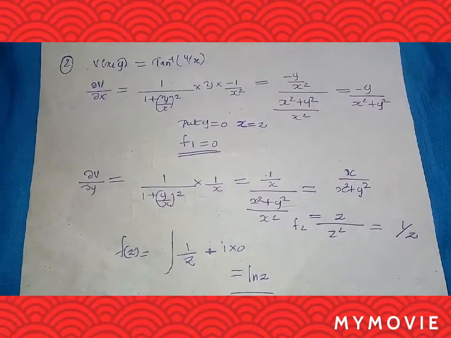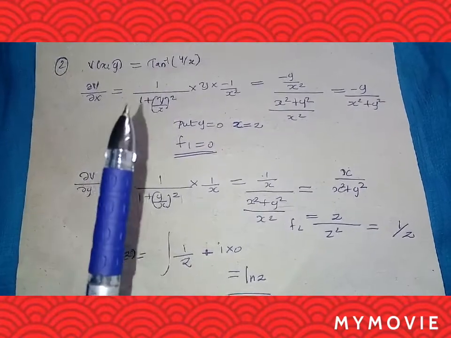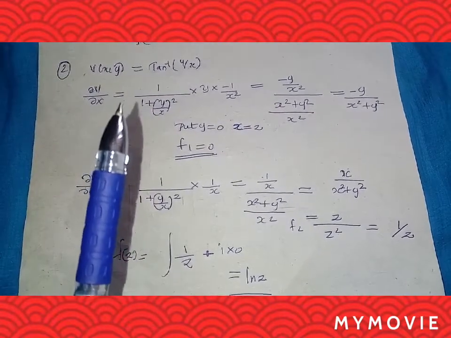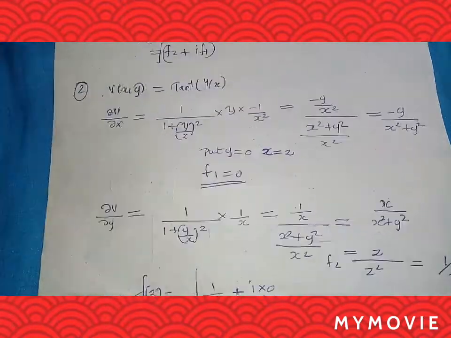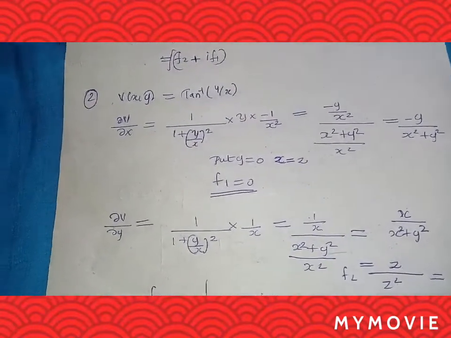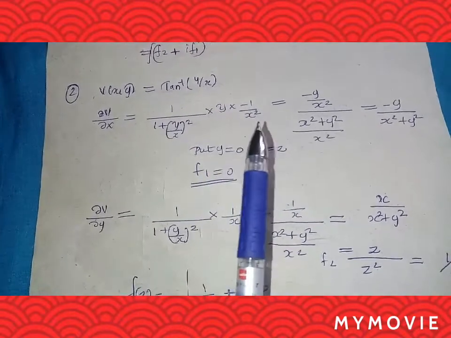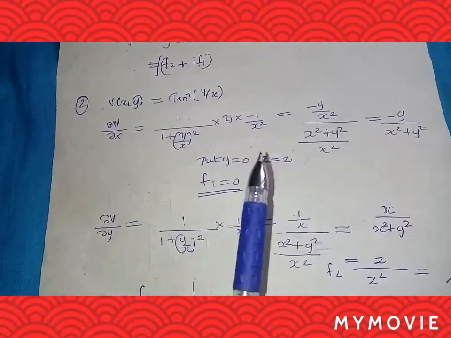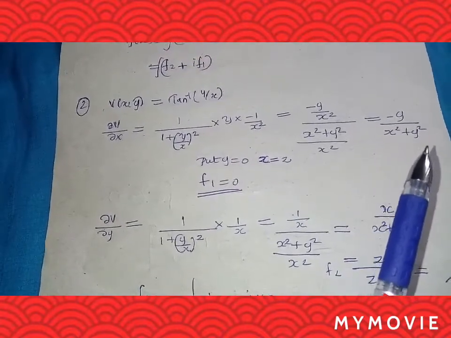Next problem, in which the imaginary term v(x, y) is tan inverse of y by x. The derivative of the imaginary term with respect to x is 1 by (1 plus (y/x)²) into the derivative of y by x with respect to x, that is minus 1 by x². After simplification, we get the answer as minus y by (x² plus y²).